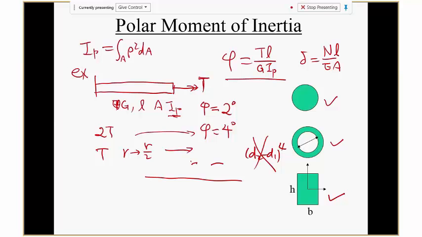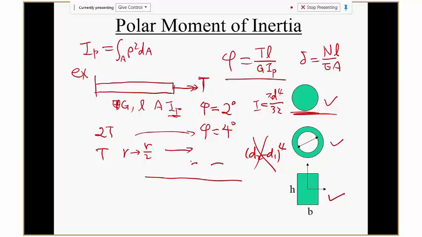What's the IP equation for circular? Anyone remember? It's pi D to the fourth over 32.